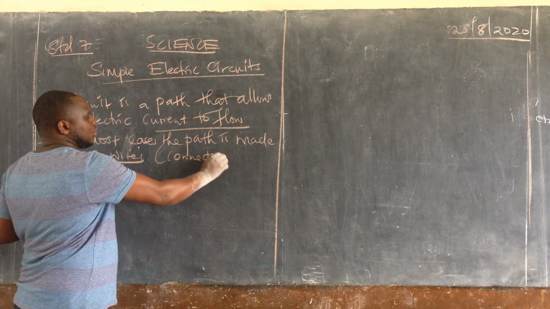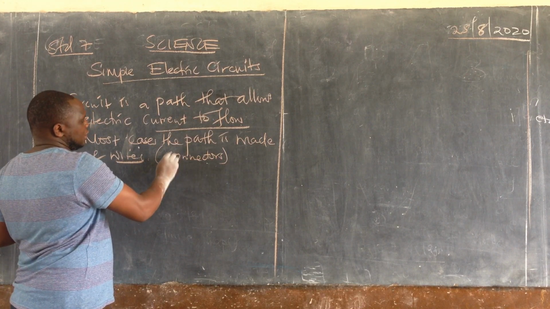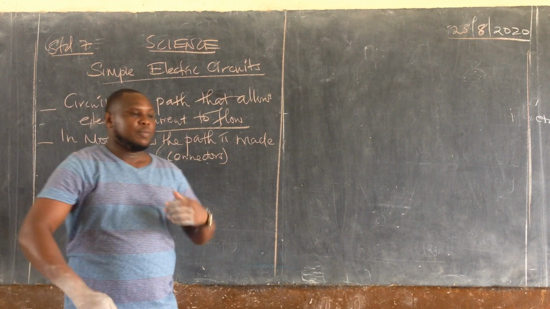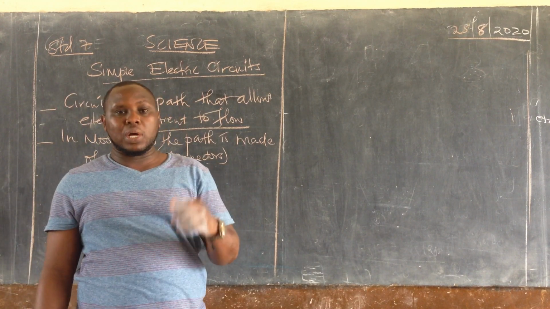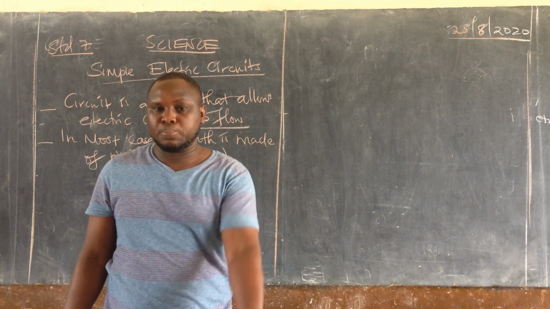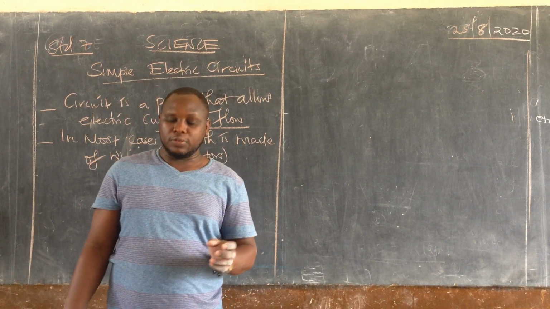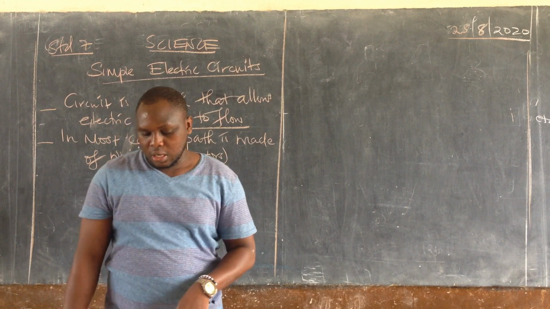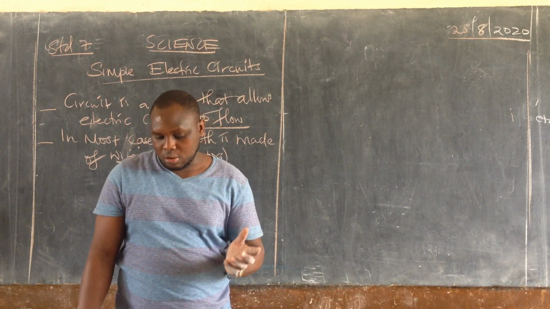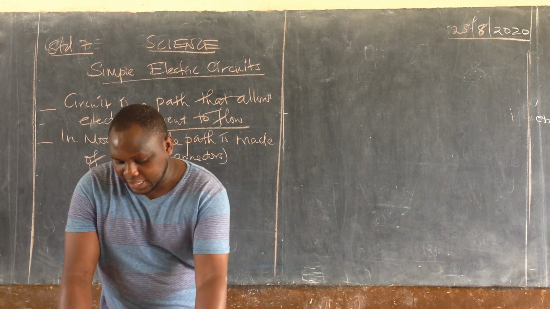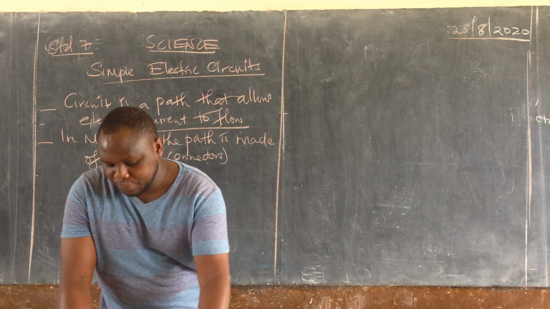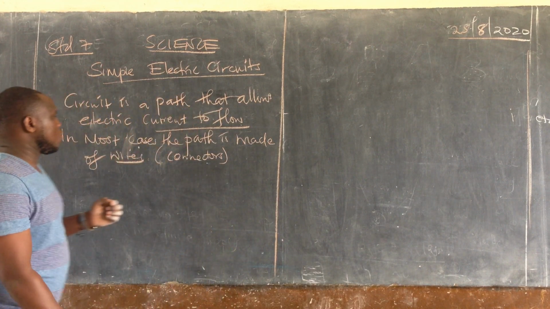In an exam, you can be told this is a connector, meaning that it can allow electric current to pass from the negative side of it to the positive side of it and up to the battery or the bulb. So for electric current to flow through the circuit, a source of electricity is required.